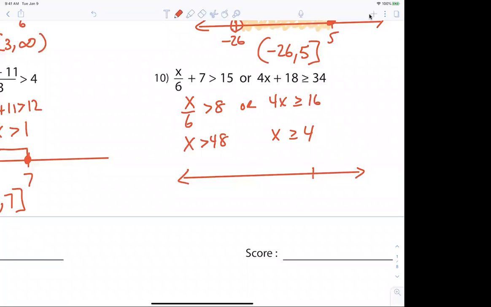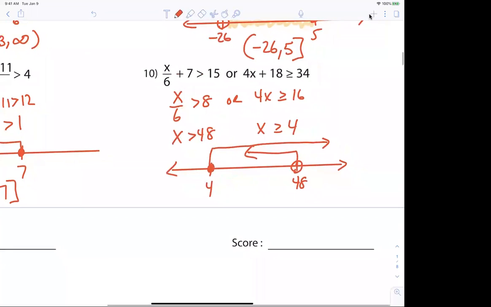Oh, this one's the hard one. I think less than 48, or greater than or equal to 4. All right, so I need everybody to pay attention on this one. The "or" statement has to be true for only one of them. So if you're less than 48, it could be any of these numbers.